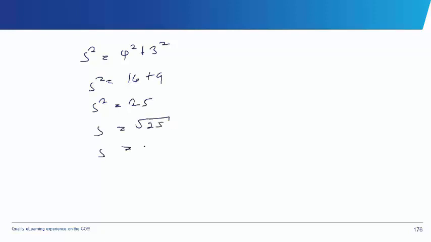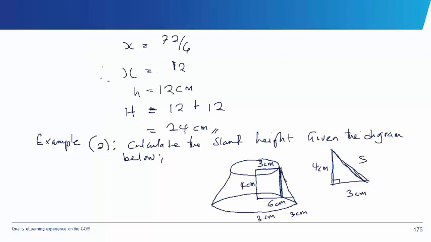So x squared is equal to 4 squared plus 3 squared, which is 16 plus 9. x squared is equal to 25, and then x is equal to the square root of 25, so x is equal to 5 centimeters. So this side is 5 centimeters.